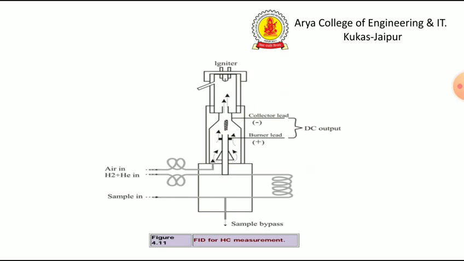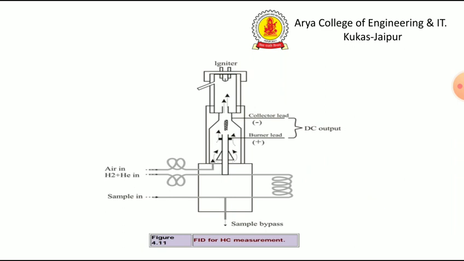Next one is FID, flame ionization detector. The flame ionization detector essentially consists of a hydrogen air burner and an ion collector assembly. Sample gas is introduced with hydrogen in the burner assembly, and the mixture is burned in a diffusion flame.